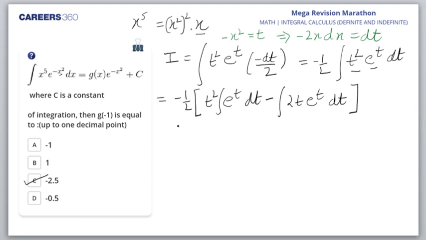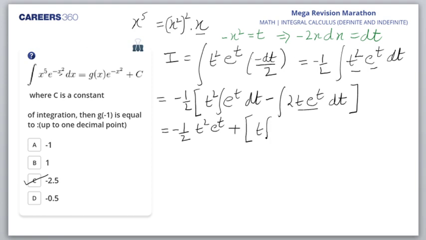Okay. So we get minus 1 by 2 t square e^t, integral of e raised to power t is e raised to power t, and then minus half, and this minus will become plus, and 2 would cancel, and again to t e^t I'll apply integration by parts.